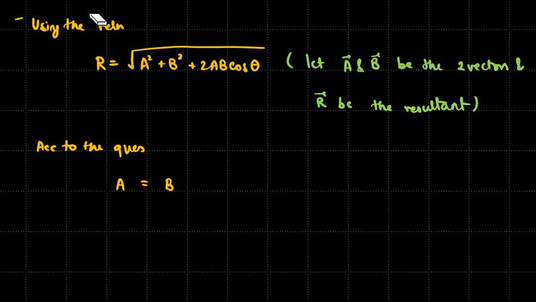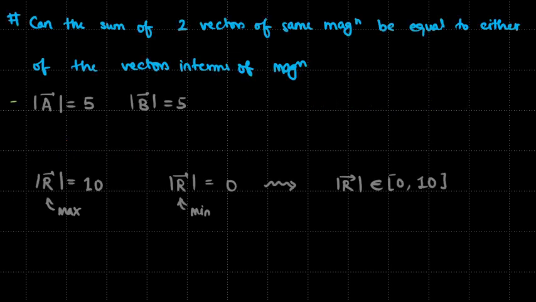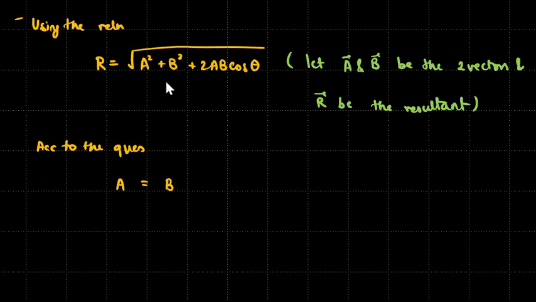Now we need to find a case where the sum of the two vectors, which means the resultant in this case, is also equal to either one of these vectors. So if R is my resultant, this will be equal to R.